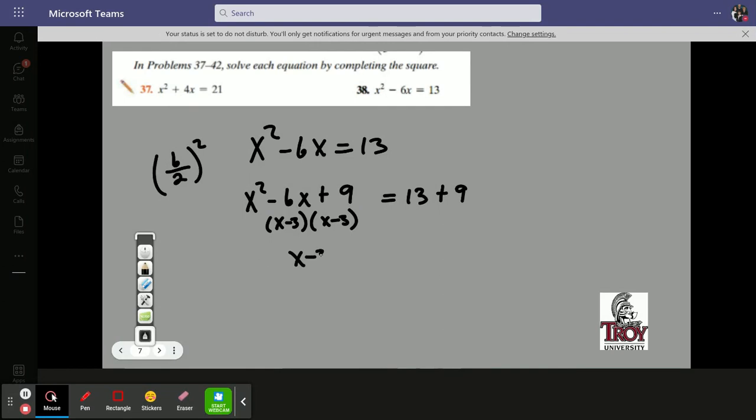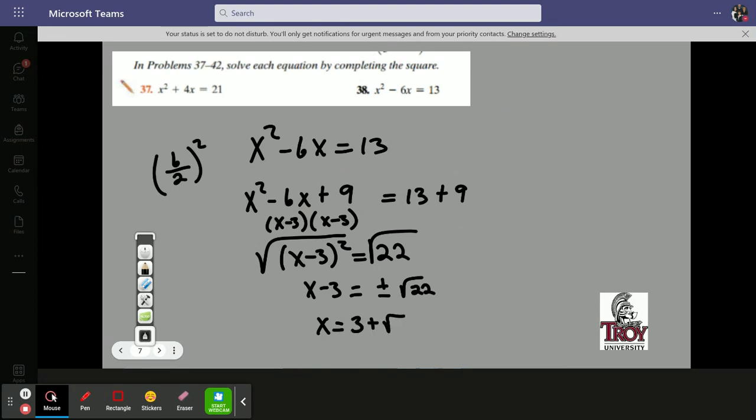X minus 3 squared equals 22. Square root of both sides. X minus 3 equals plus or minus square root of 22. X is equal to 3 plus the square root of 22, or 3 minus the square root of 22. Yes?